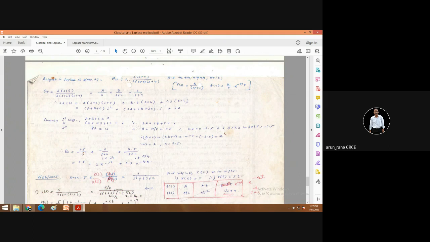Okay, so now we write this in partial fractions: a upon s, b upon s plus 2, c upon s plus 4. You get the values of a, b, c. That is just algebra. Multiply on both sides and compare the s square coefficient and s coefficient.